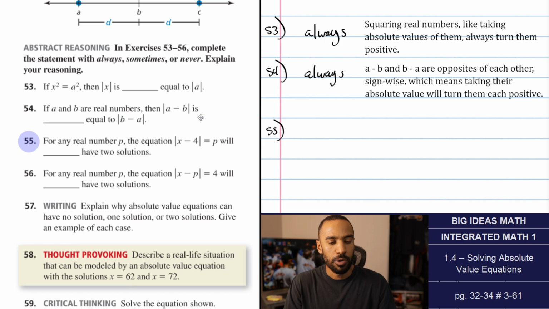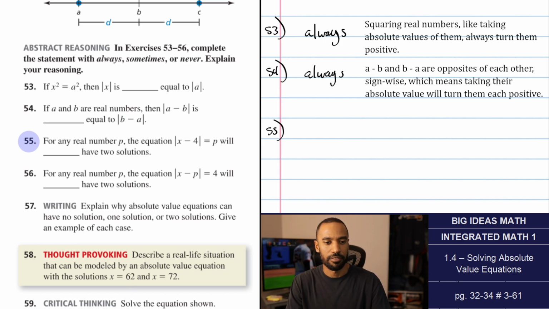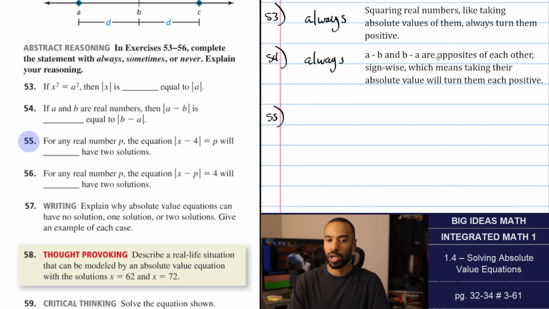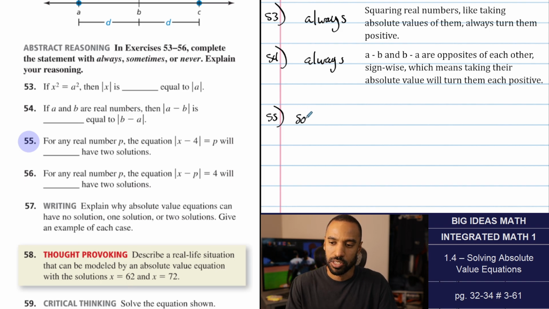Number 55, for any real number p, the equation absolute value of x minus 4 equals p will blank have two solutions. Well, no, sometimes. It will have two solutions when p is positive. It'll have one solution when it's 0, and it'll have no solutions when it's negative. We literally just ran across this. This has been our whole setup. So this is a sometimes case, because it depends on p's sign.